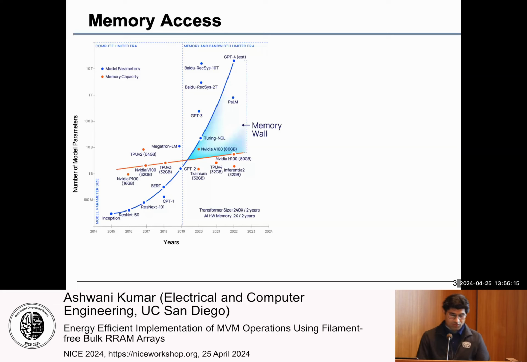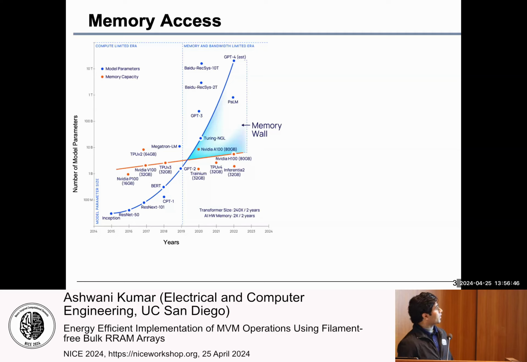So basically, if we look at the number of model parameters progression over the years, starting from 2014, this blue curve starts the transition from a compute limited era to a memory and bandwidth limited era. And this leads us to a memory wall. The memory wall is ever existing in electronic hardware with the von Neumann architecture, where we have separate compute and memory units.